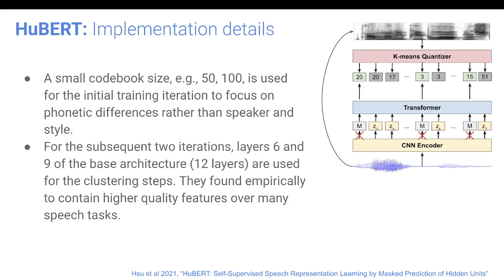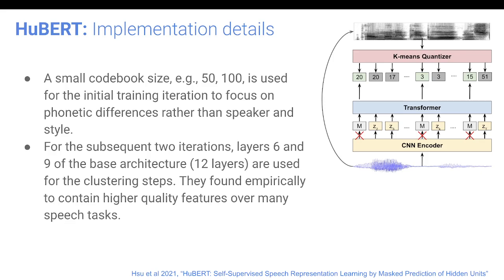The other observation that helped this model perform well in the subsequent iterations is that when you're running the second iteration of HuBERT, you take the features not from the top layer but somewhere in the middle layers.